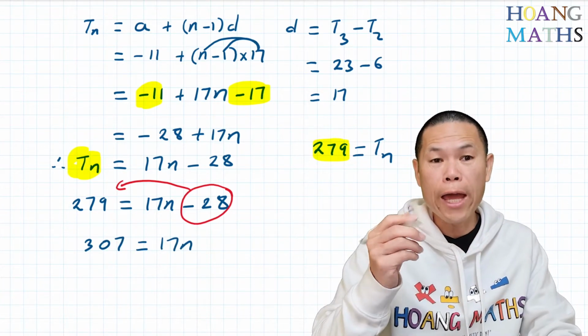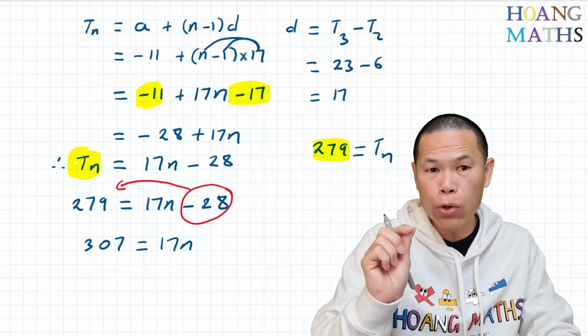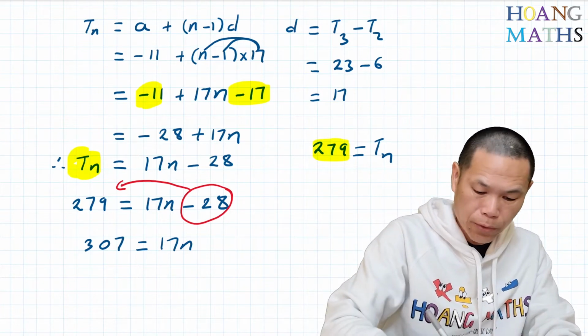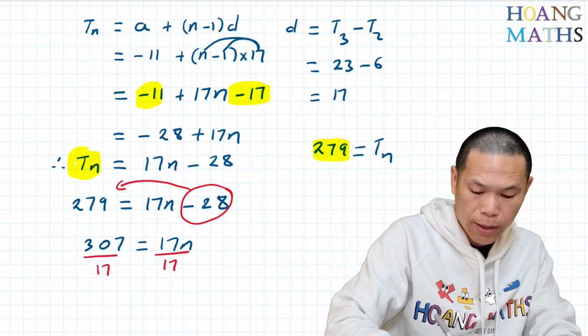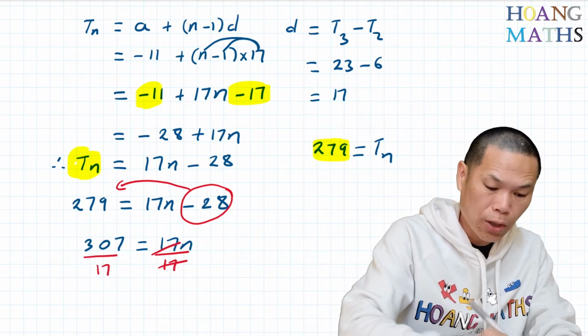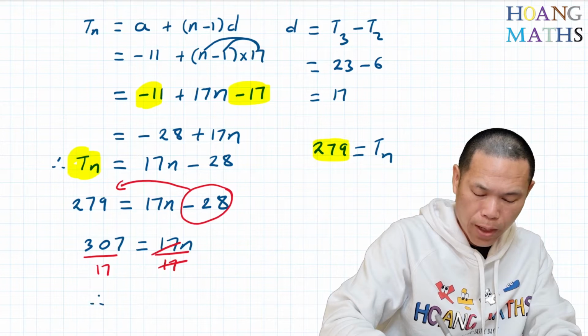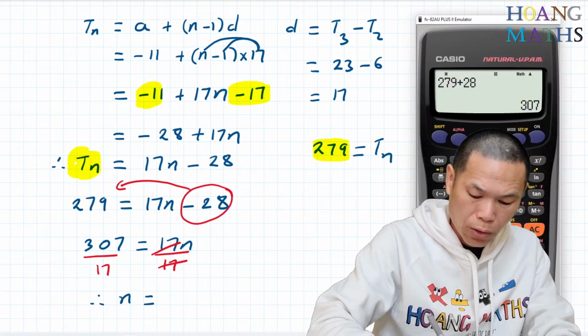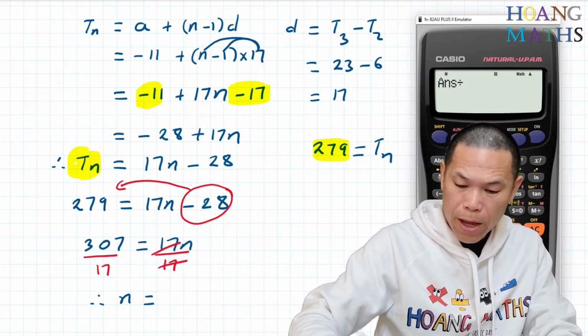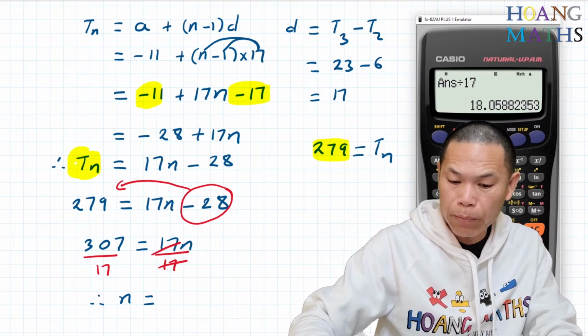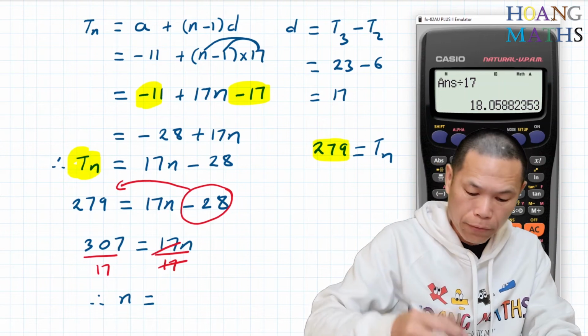To solve for n, I divide by 17 on both sides. So this 17 cancels out. Therefore, n is equal to the answer divided by 17. Let's see what happened. So 18.05.